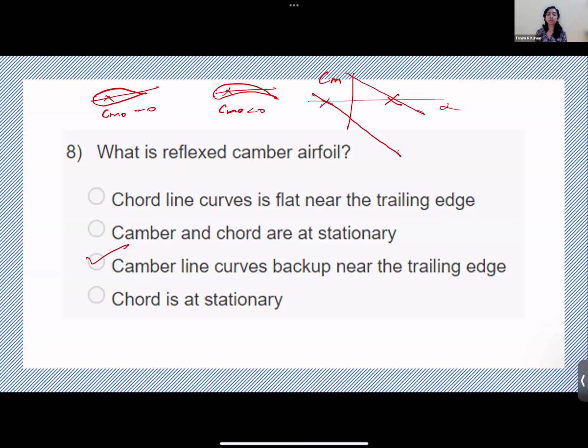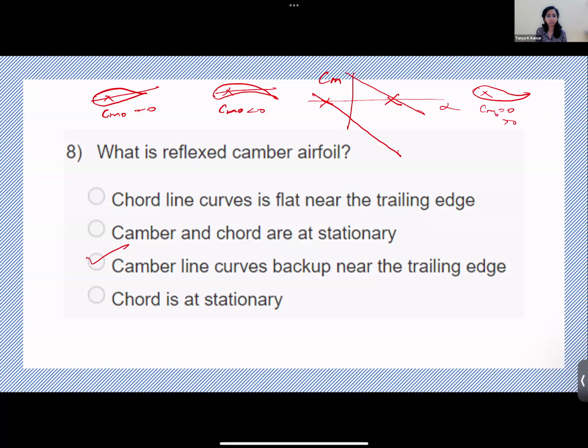So if we use a positively cambered airfoil, your Cm0 is less than 0, and we will have to trim the aircraft at negative angles of attack. To avoid this, they introduced the reflexed cambered airfoil, which is something like this. There's an upward camber towards the trailing edge. Your Cm0 becomes either 0 or greater than 0, so you can trim your aircraft at 0 or positive angles of attack, which is a desirable trait.